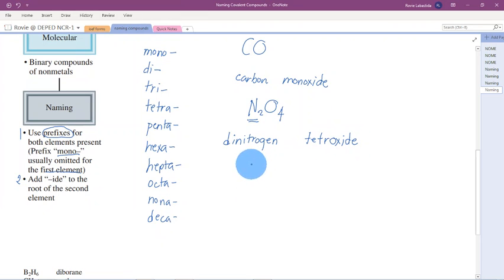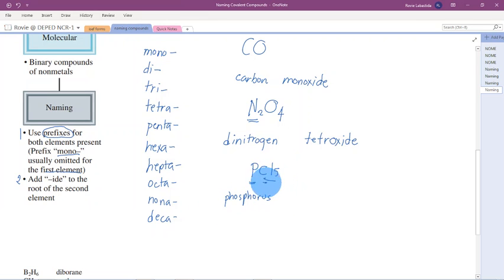Let's have another example. Let's say PCl5. Let's name the first element, which is phosphorus. Since there's only one atom of phosphorus in the chemical formula, there is no need to write mono. Again, mono is omitted for the first element.